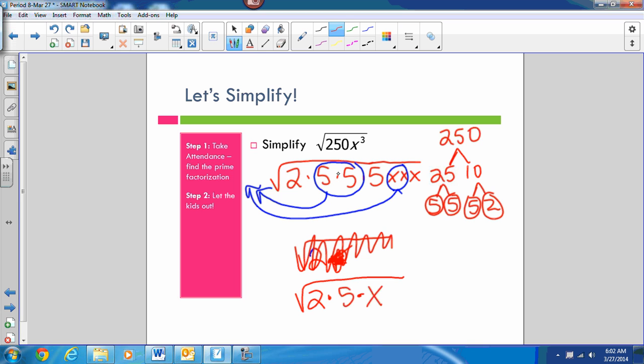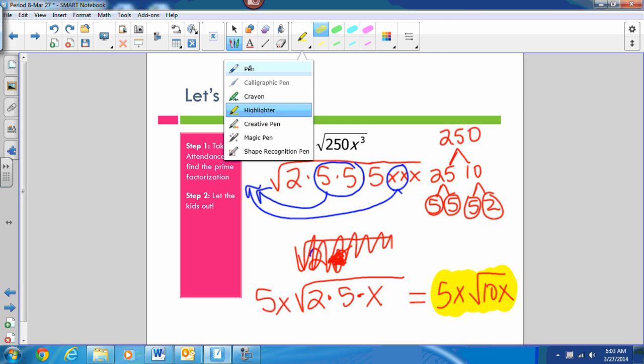Outside my radical, 5 times 5 is 25. The square root of 25 is 5, so I have a 5 outside. I got a pair of x's, so I have an x outside. So this equals 5x radical 10x. So our answer is 5x square root of 10x. Hopefully that made sense.